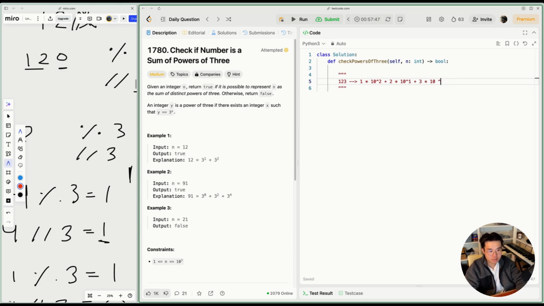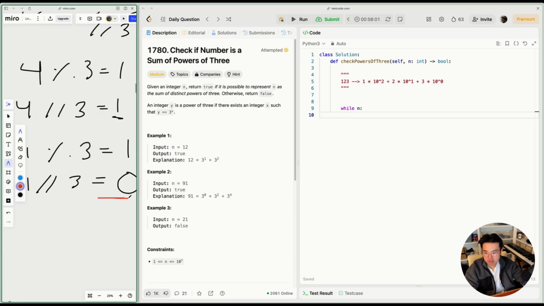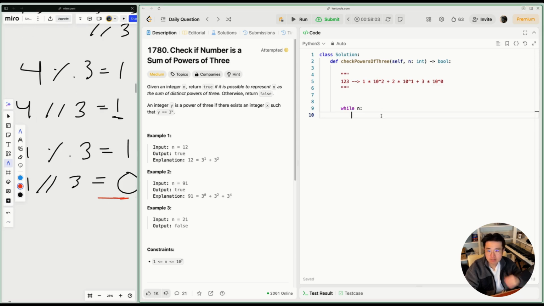We understand this, but now that we're working with base 3, it's going to be a little bit different. So what we need is just while n, because our base case is when n reaches 0.